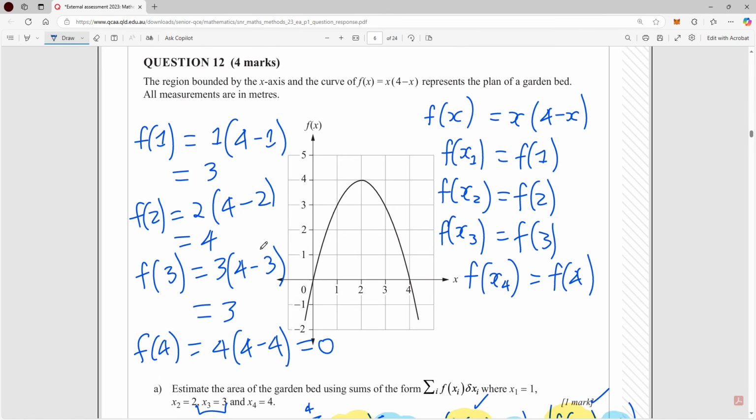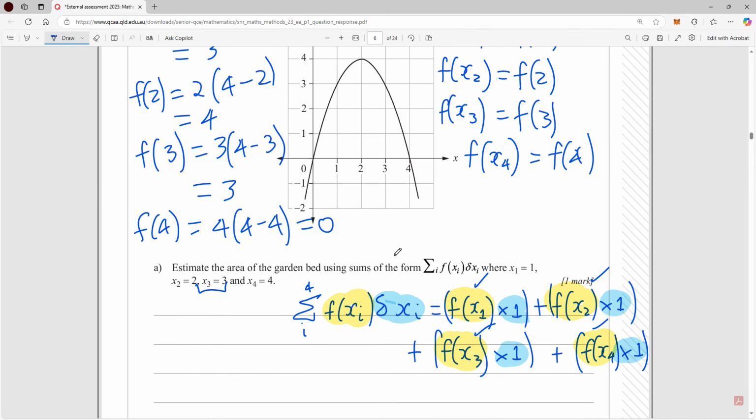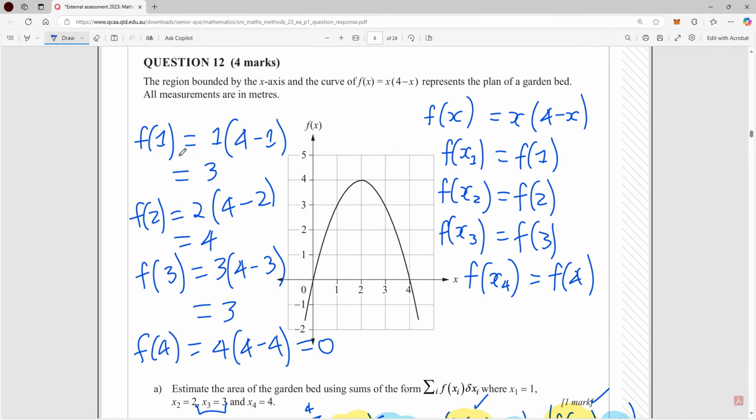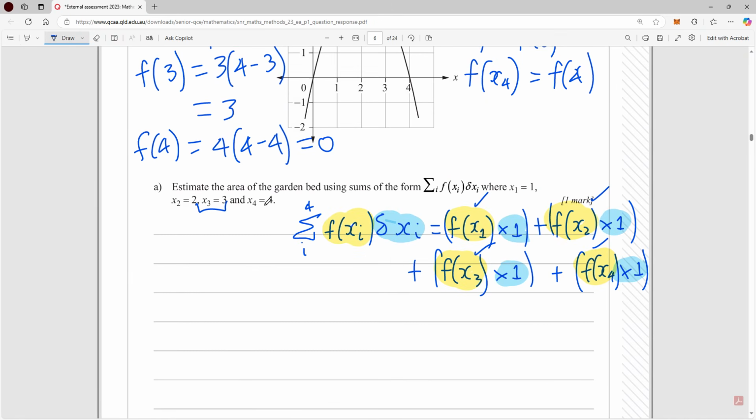So our area is going to be all these guys added together. Do we miss any of them? I do not believe so. Just double checking my working here as well. Yeah, we're all good. So we would have 3 plus 4 plus 3 plus 0, which gives you an area of 10 approximately, okay?